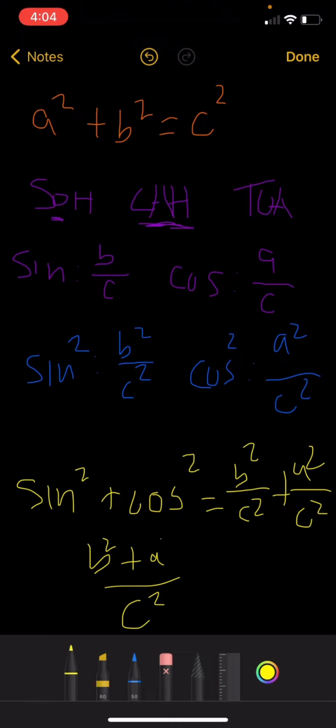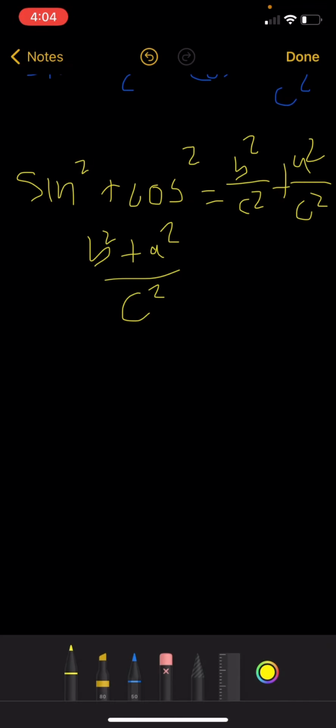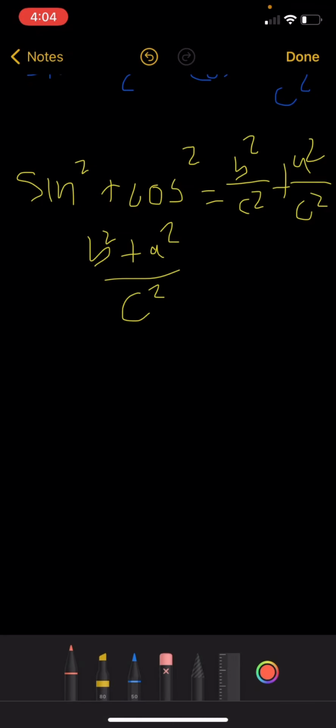So it's going to be b squared plus a squared. But we know from our Pythagorean theorem up here that b squared plus a squared is actually just going to be c squared over c squared. And initially, that comes out to just being 1.